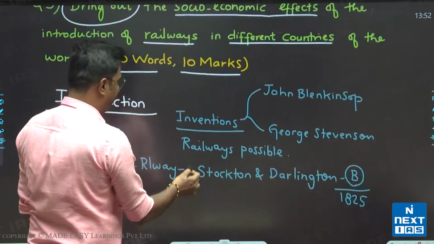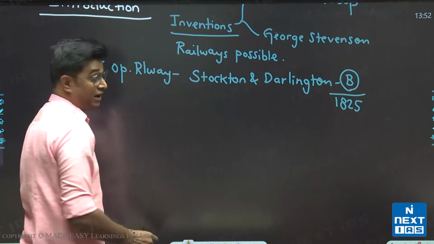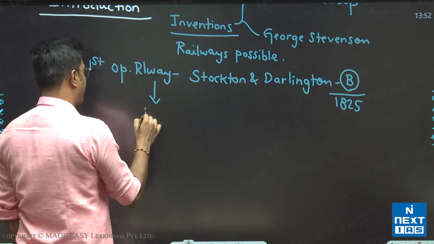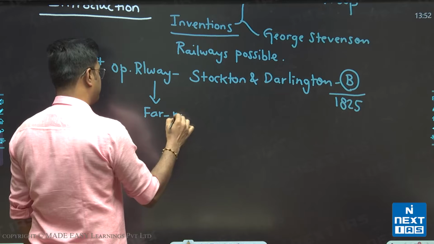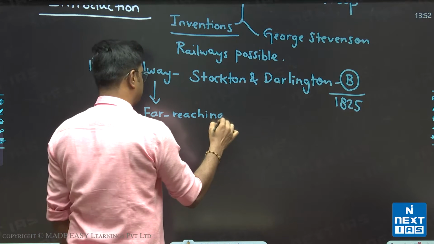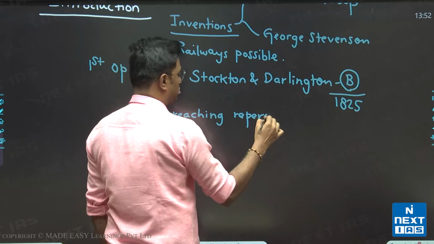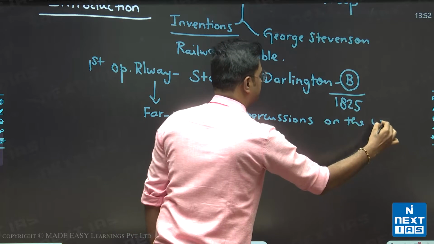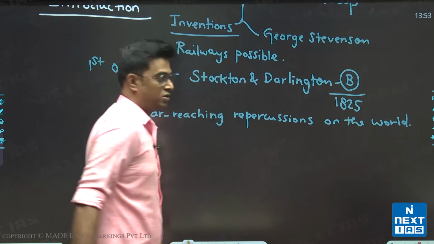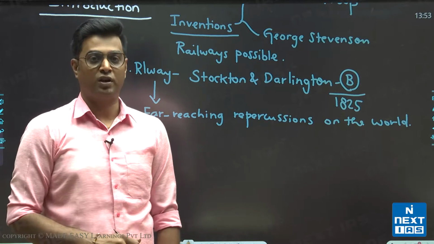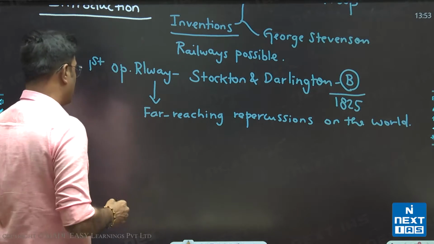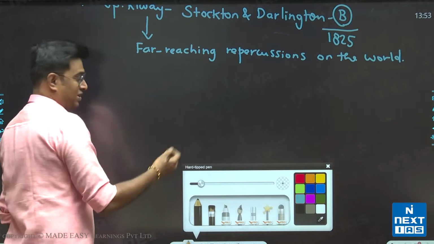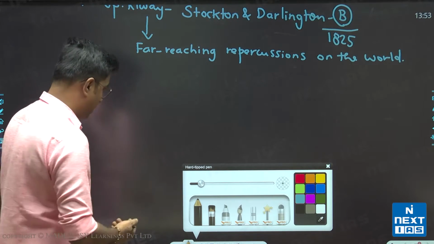It was a small feat for mankind, but a great step in the right direction because the introduction of railways had far-reaching repercussions on the world. So long-term effects were seen due to the introduction of railways in Britain. Now we are going to see the effects from the perspective of society and economy. That is what UPSC is trying to ask.